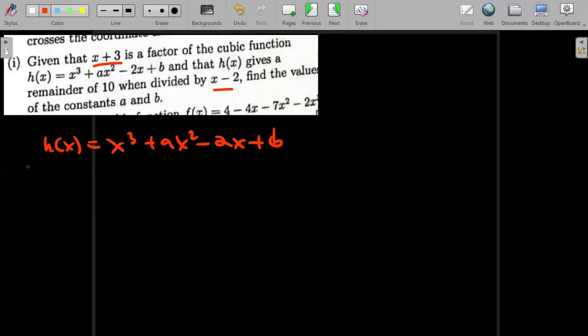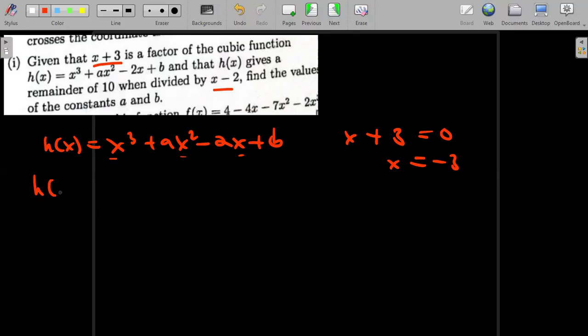So if x plus 3 is a factor of this equation, equating this to x gives us -3. It means when we plug in -3 into this function, where x is, then this is going to be equal to 0, because this is a factor, meaning it's a zero of this polynomial.